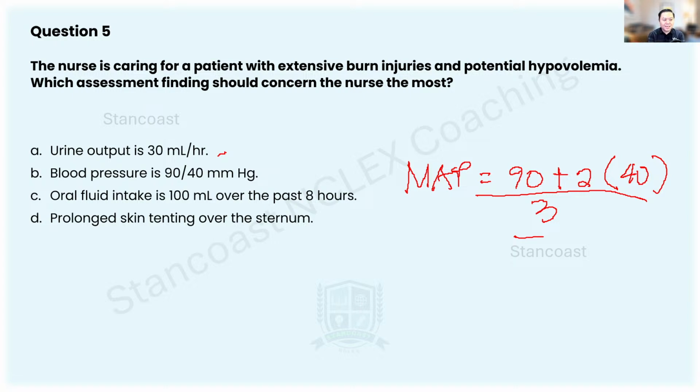So removing letter A, we're gonna pick blood pressure of 90/40 because of the MAP that is that low, 57. Oral fluid intake is 100 mLs over the 8 hours. I know it's significant. That is very low. Okay, there is inadequate oral intake, but it does not give us information on the current hemodynamic status.